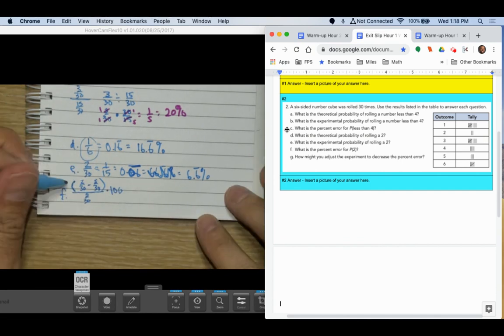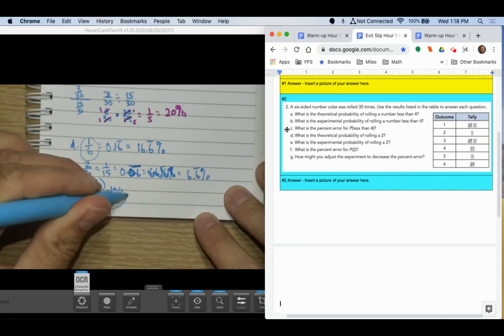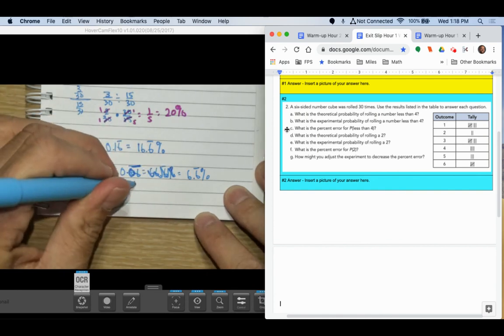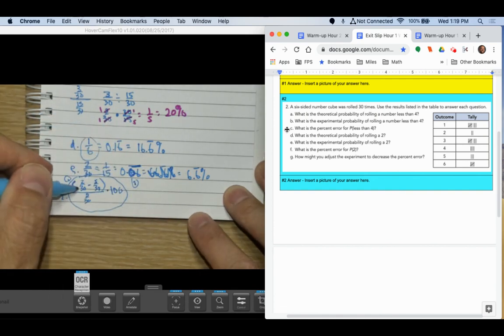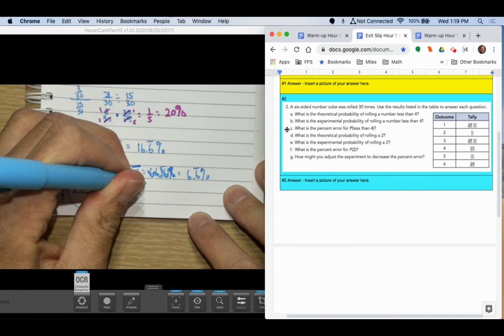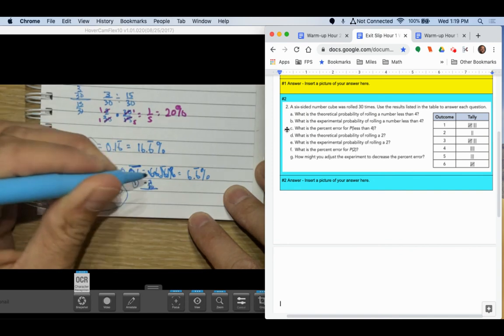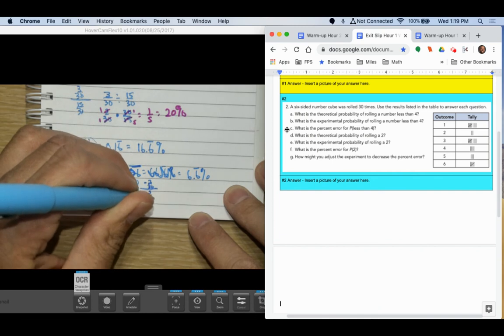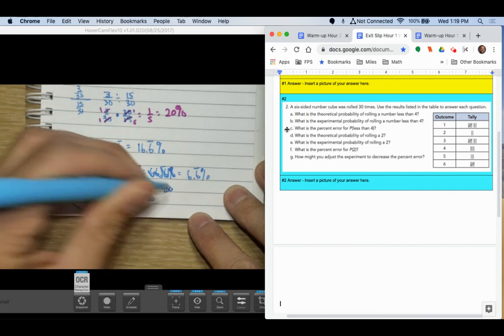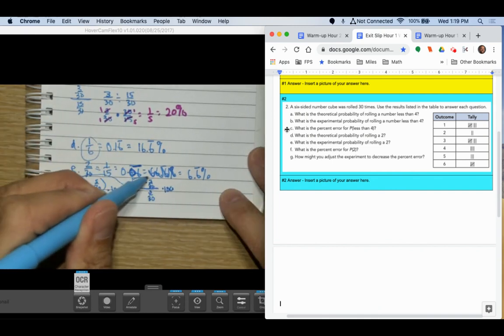Okay, step 1. Step 2, I would have 2 over 30 minus 5 over 30, which is going to be negative 3 over 30, all over 5 over 30 times 100. And that's step 2.